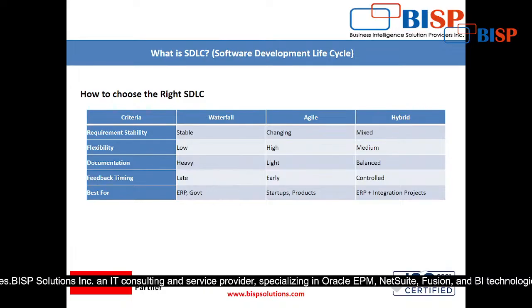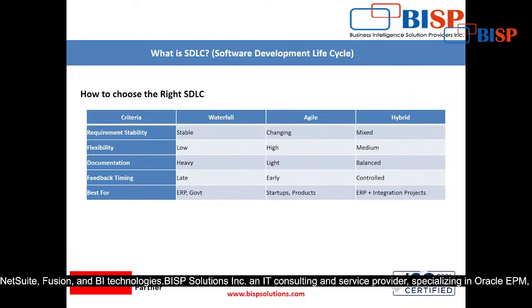After that, feedback timing. Feedback timing in the waterfall model is a little late, but in agile you see early feedback. Early feedback means as soon as the HR started using your application, you immediately start getting the feedback. And in hybrid it is controlled.